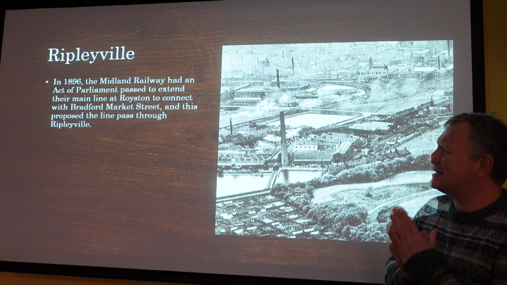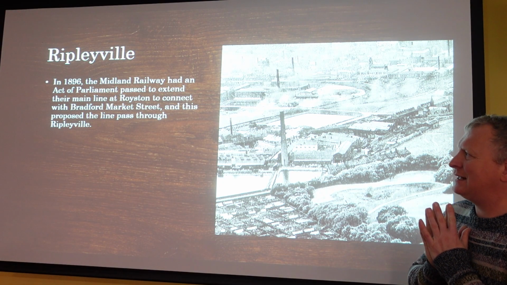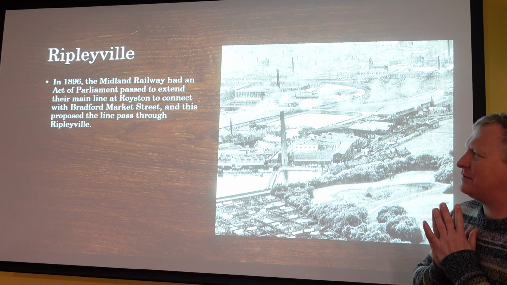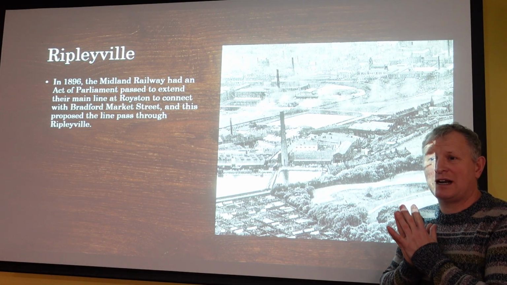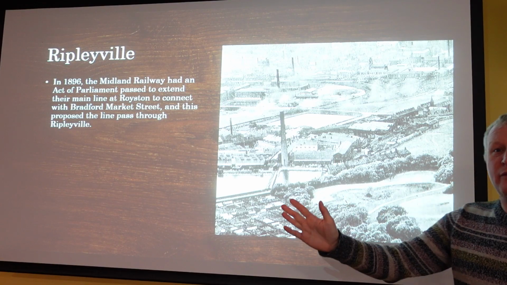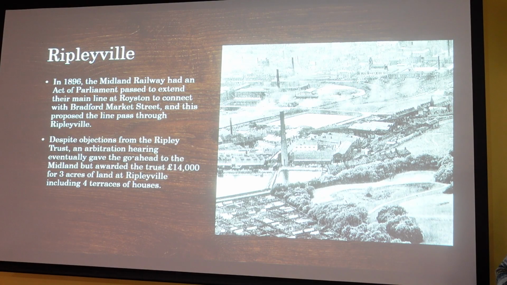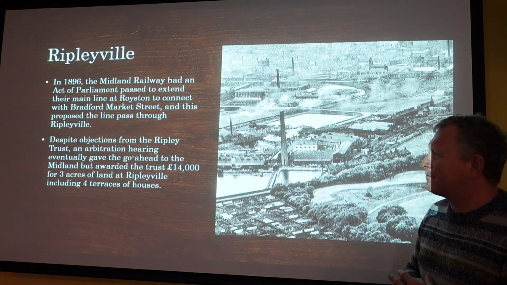So, 1896, Midland Railway has an Act of Parliament passed to extend their line at Royston to connect with Bradford Market Street, which is now Bradford Foster Square. This proposed line would pass through Ripleyville, so it basically would be pretty much the end of Ripleyville.